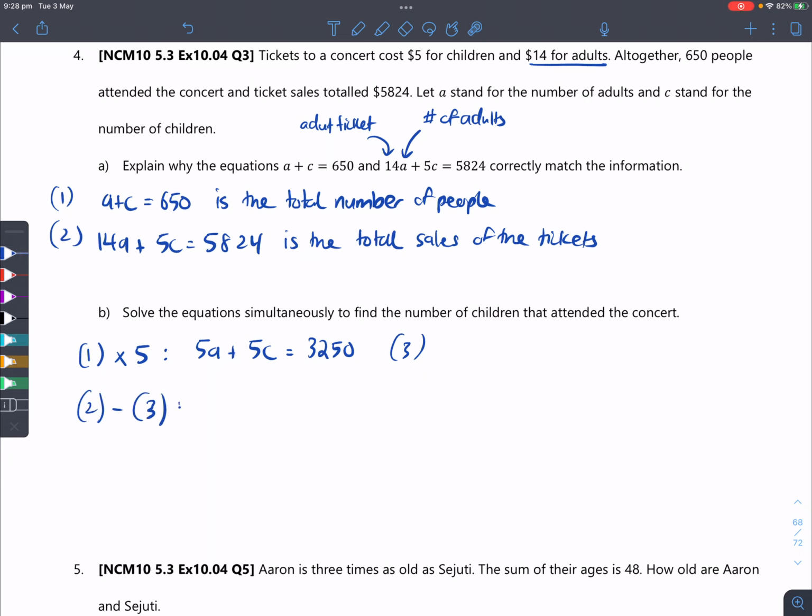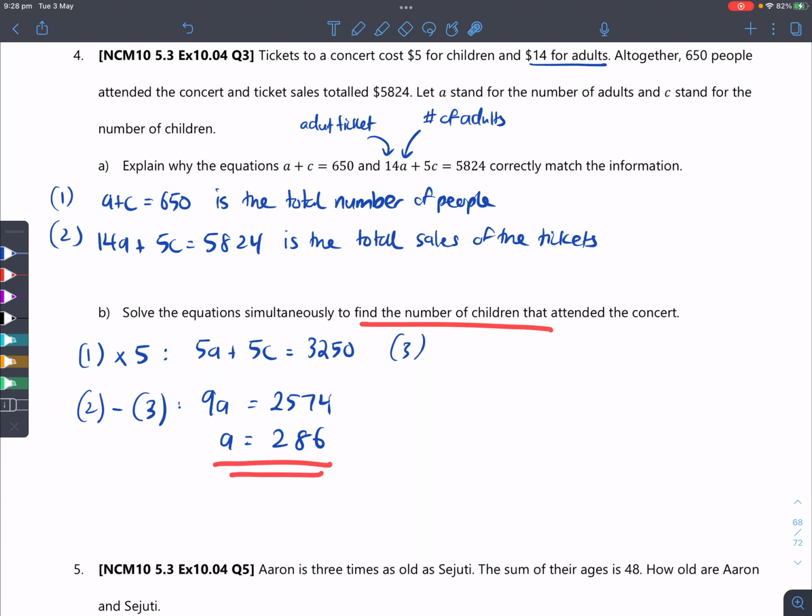And that would mean I'll get this 14A here subtracted by 5A there. That's 9A. 5C minus 5C cancels, whereas 5824 minus 3250 will be 2574. And then next what you do is divide by 9 to solve for A. So A would equal 286. Okay, but the question says to find the number of children.